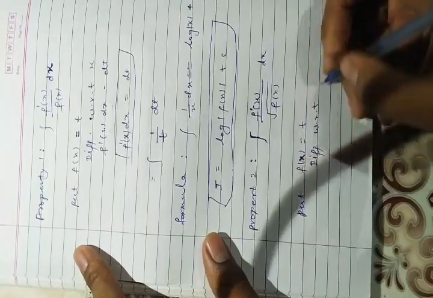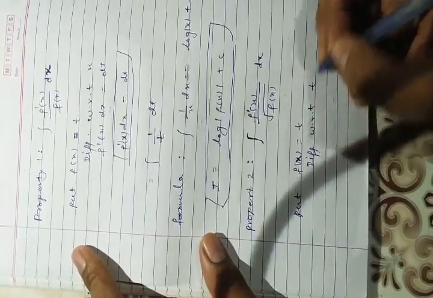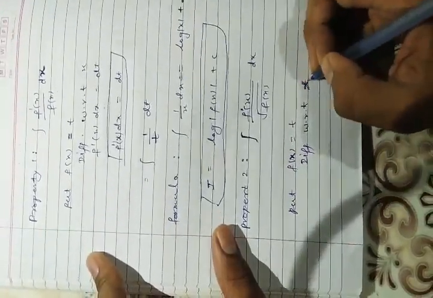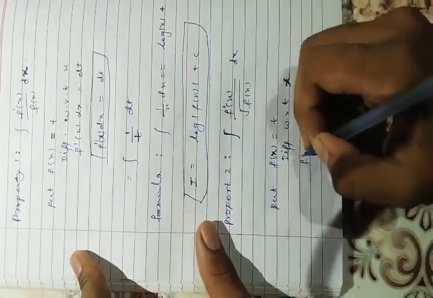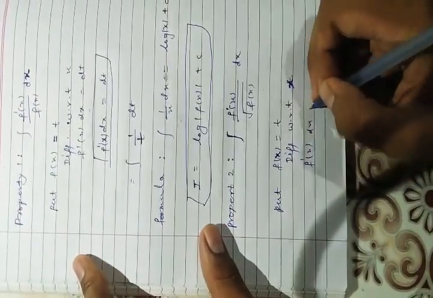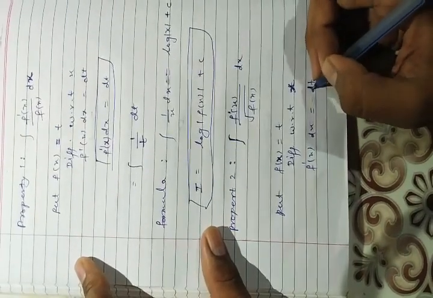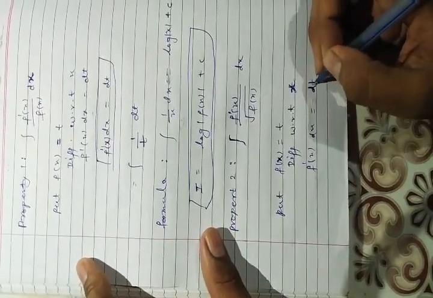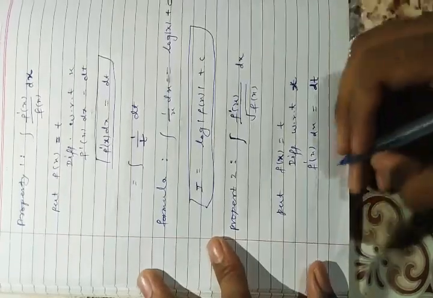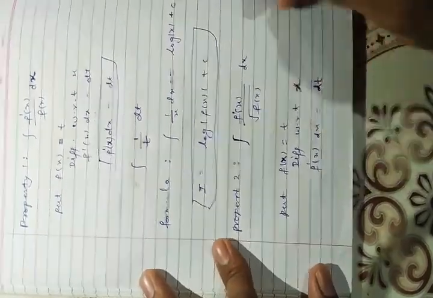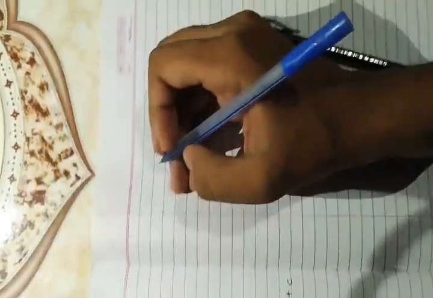So please take notes and do along with me. So we will get f dash x dx equals dt. Sorry, I am not a very good calligrapher, so please pardon me. And again I will resubstitute in this.